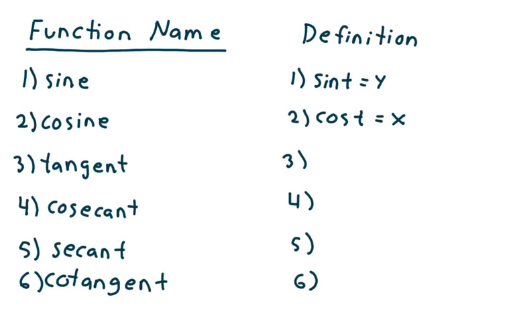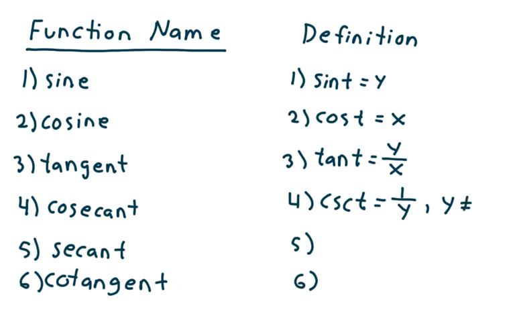Now, tangent of t is equal to y divided by x. Cosecant t, written this way, is equal to 1 over y, and that's where y doesn't equal 0.